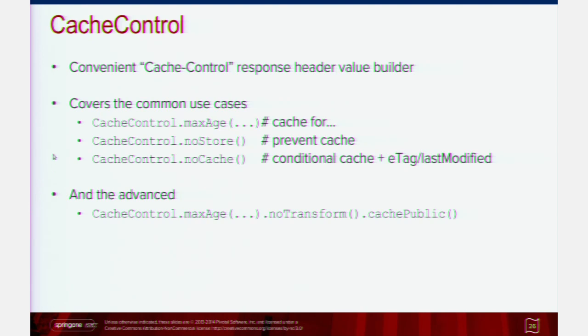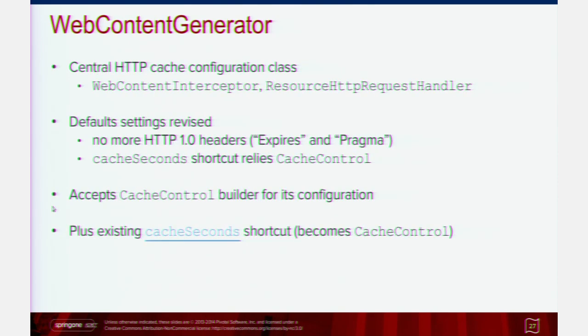This is really the modern header alternative for caching with HTTP. And there are various kinds of advanced directives in that response header, which were not explicitly supported in our existing classes. And that's why the cache control builder will help to do any of those.